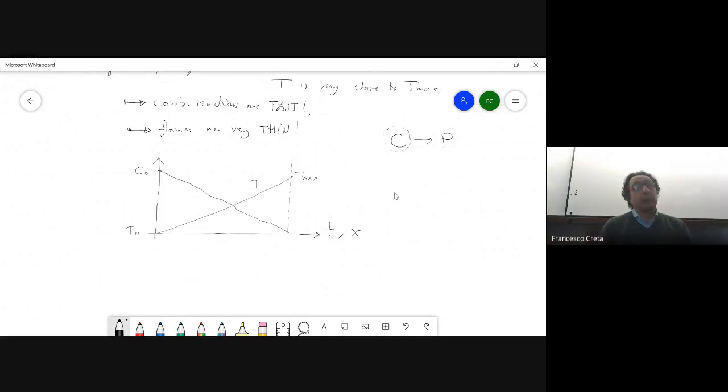So I would have to write down a conservation equation for all the species and the temperature, which include terms of convection and diffusion transport. So we will see that in time.